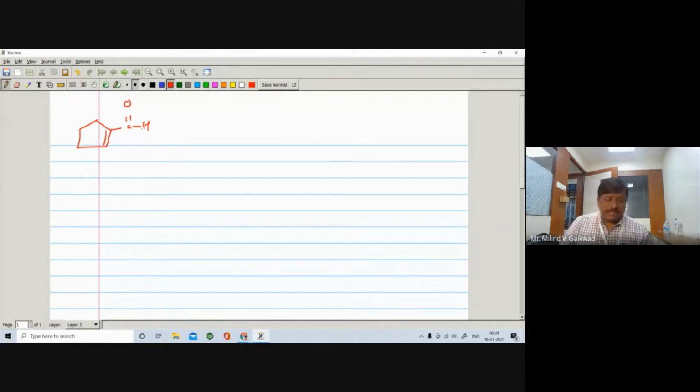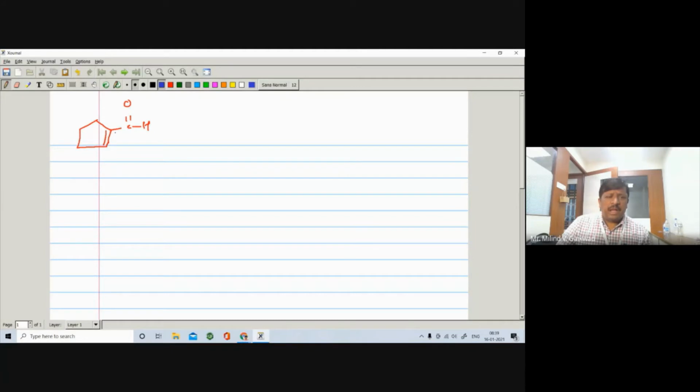You have learned the Dieckmann reaction or the intramolecular aldol condensation reaction. Aldol condensation means when two molecules of aldehydes or ketones, in which one of them has an alpha hydrogen atom, undergo reaction in the presence of alkali base, there is a formation of a beta hydroxy aldehyde or ketone, which on heating undergoes dehydration to give an alpha beta unsaturated aldehyde.